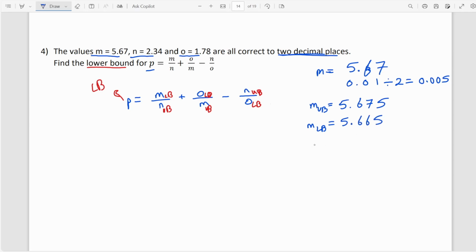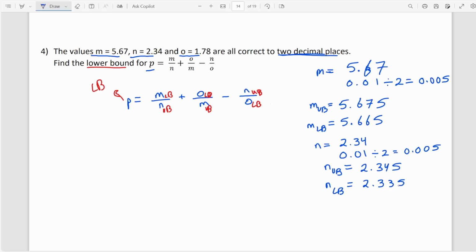Now for n is equal to 2.34. Your unit of round is again 0.01. Your error is 0.005. And so n upper bound is equal to 2.345 and n lower bound is equal to 2.335.